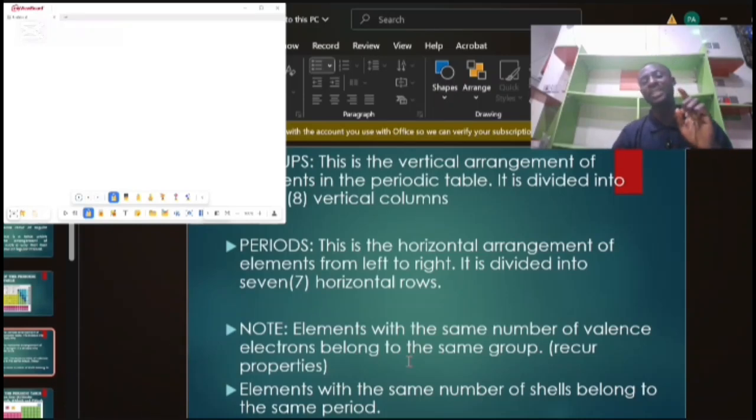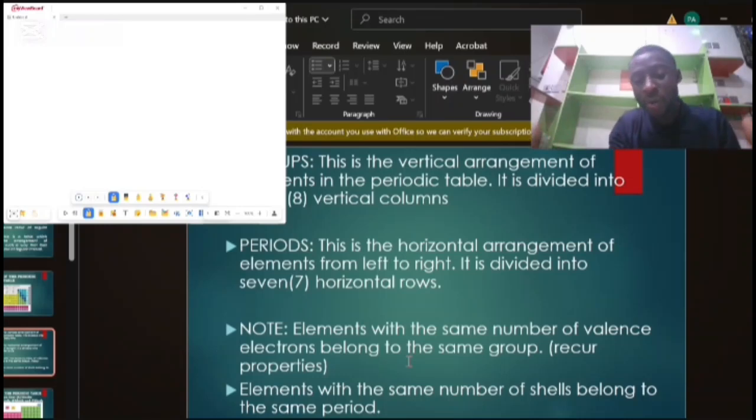So that property that makes us put elements in the same group is their number of valence electrons. And when we talk about valence electrons, we are talking about the last electrons in an element.